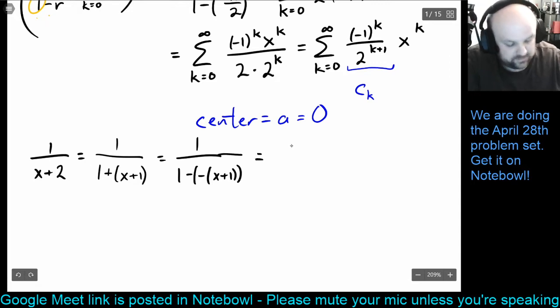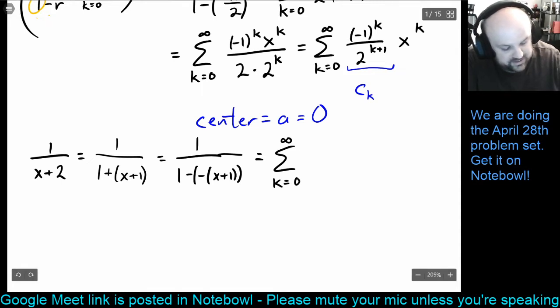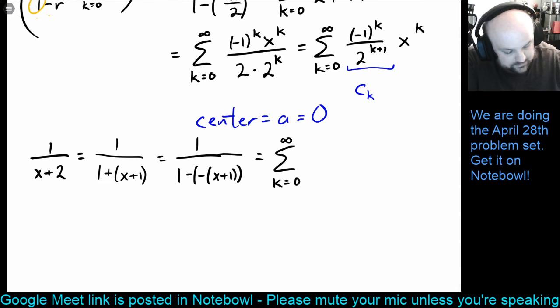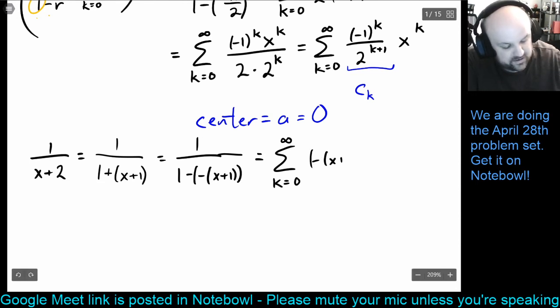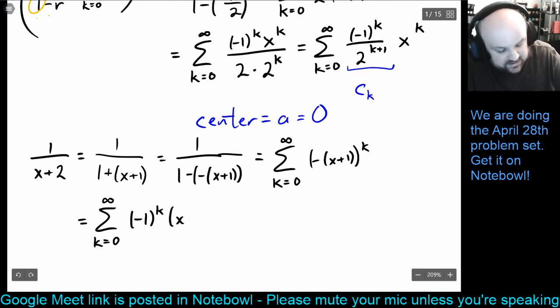And now, more simply, this is the sum from k equals 0 to infinity. A here is just 1, so this would be negative x plus 1 to the k. Or if we split it off, this is the sum from 0 to infinity of negative 1 to the k, x plus 1 to the k.